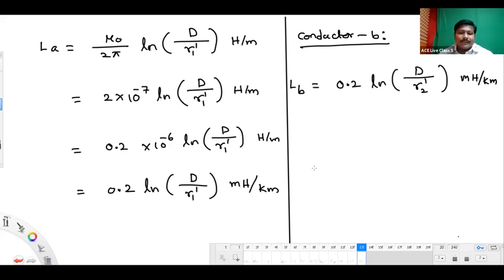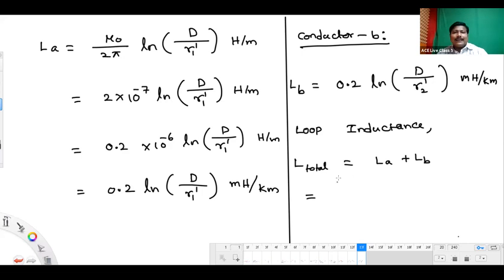Conductor B inductance. Now you take up the loop inductance here. I'll write in different ways. L total, which is LA plus LB. And that LA, I'll write in Henry by meter for the time being. After that, we get in millihenry by kilometer also.